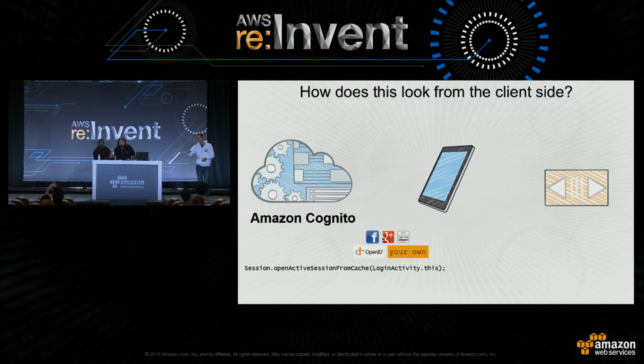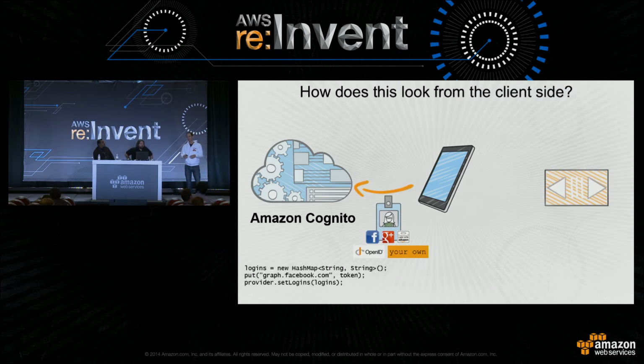So this is the call from the Facebook SDK on Android to open the login screen. And after that, you will get a Facebook token. You would then create a Cognito credentials provider from our mobile SDK. And you would then add the Facebook token to this credentials provider.